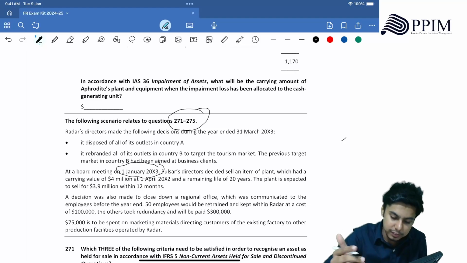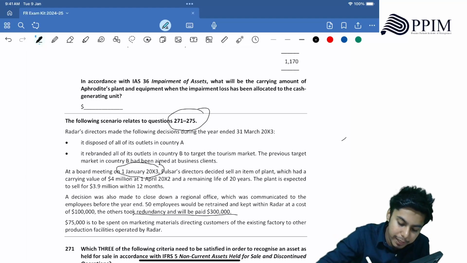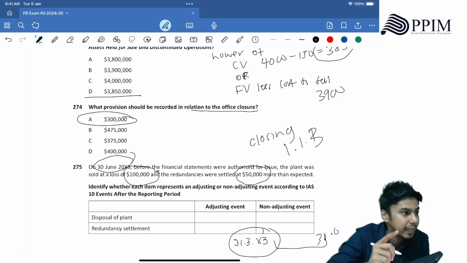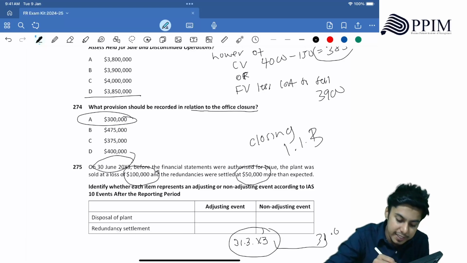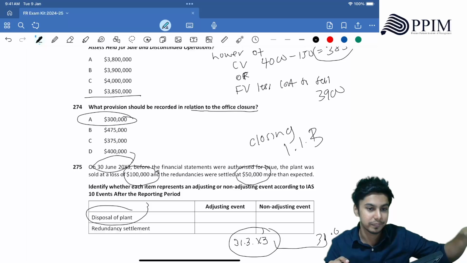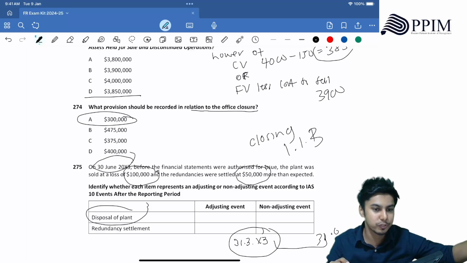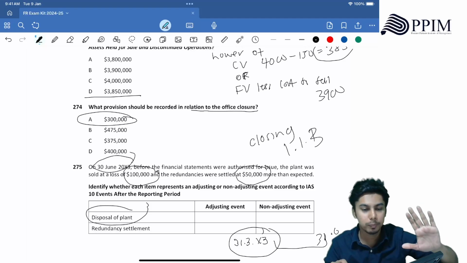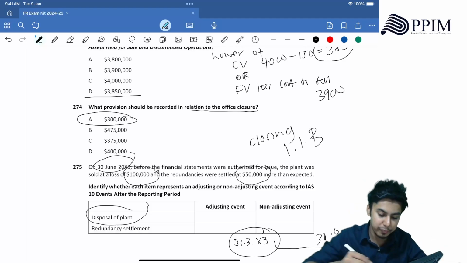It's already there in the statement because we planned to pay 300,000, but we had to pay 350. But before March, you already knew this was happening, no? That means evidence is there for this event. That's why it becomes an adjusting event. Selling the plant, now this plant also you're selling for the division that is closing. You already knew the division is going to close, no? Then when they happen after March, no problem because you already knew. Therefore, it's an adjusting event.